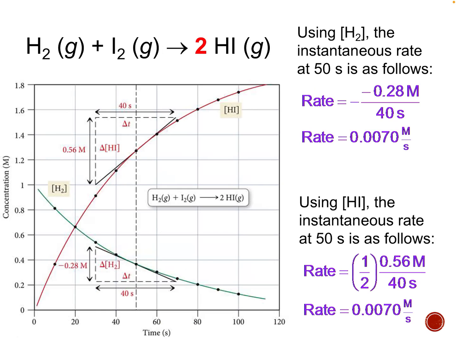So let's go ahead and flip forward. If we look at the concentration of hydrogen, okay, the instantaneous rate at 50 seconds, this is the same one we were looking at earlier, right? At 50 seconds, we are losing negative 0.28 molar, and that is in a 40-second time span that we're looking at, okay?